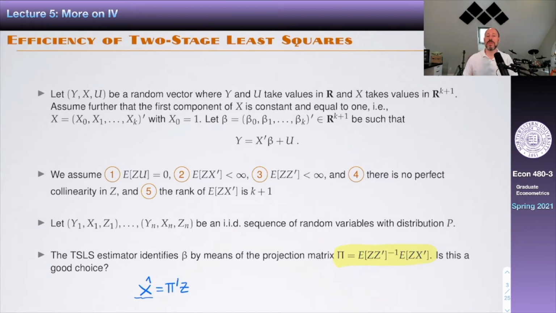So we're just doing instrumental variables where we first take a particular linear combination of instruments. And so what we want to ask ourselves today is, is this a good linear combination? And that's what this first part is going to be about.